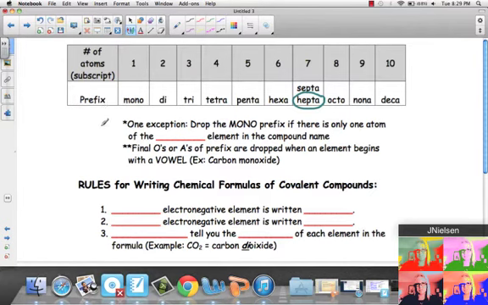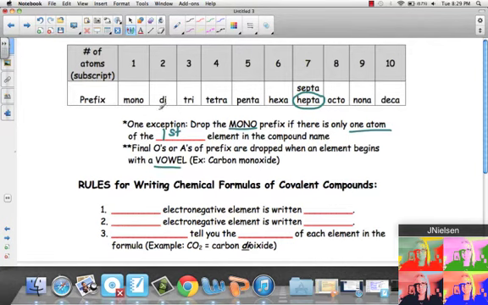One exception that's really important is that we drop the mono prefix if there is only one atom of the first element. Final O's or A's of a prefix are dropped when an element begins with a vowel.